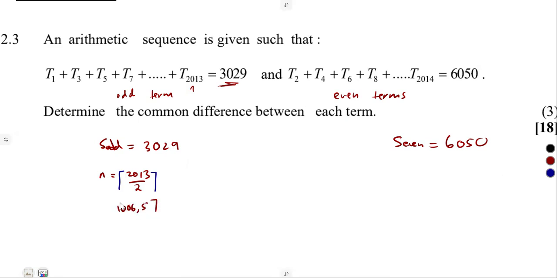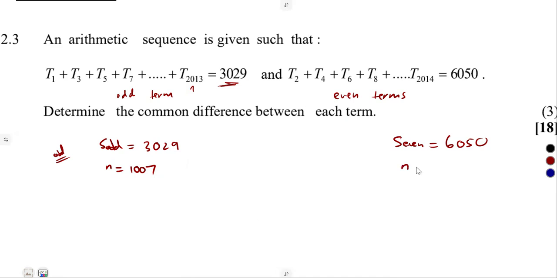We round it up. By rounding up, our n is going to be 1007. This is for odd numbers only. So n is going to be 1007.